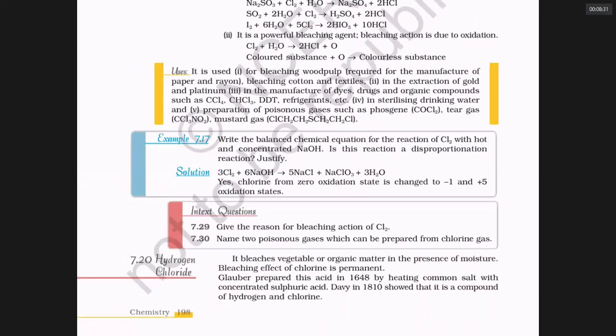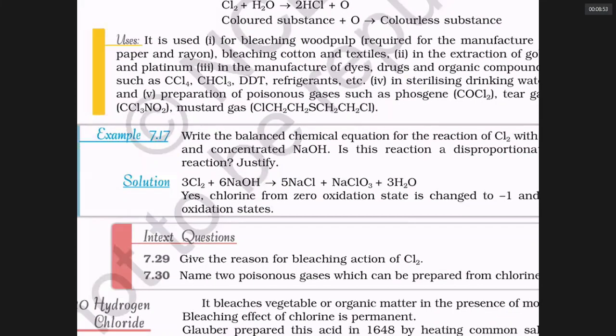Ladies and gentlemen, reactions of chlorine with NaOH are important. I call them disproportionation reactions. When chlorine reacts with hot NaOH, 3 moles of chlorine react with 6 moles of NaOH to give sodium chlorate, NaClO3, where Cl is +5, and NaCl. Very interesting to note that in this reaction, out of 6 Cls, 1 is losing 5 electrons and 5 are taking 1 electron each.